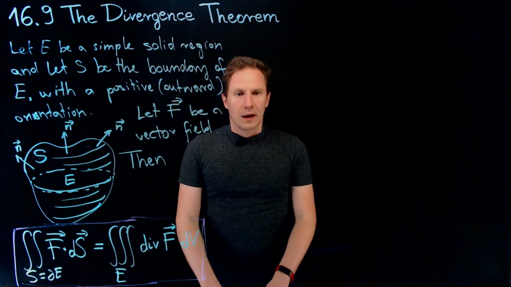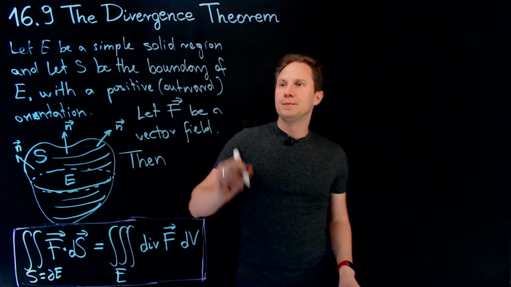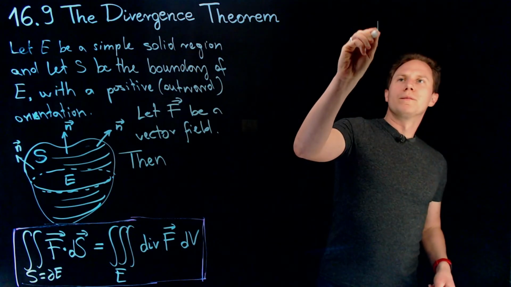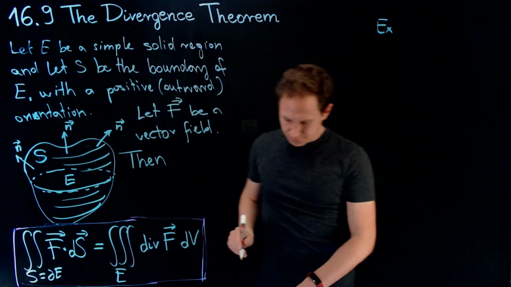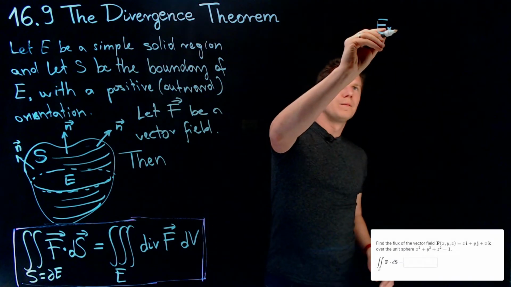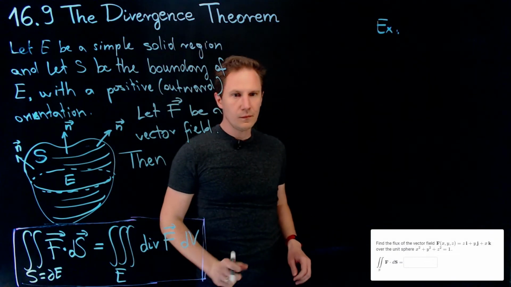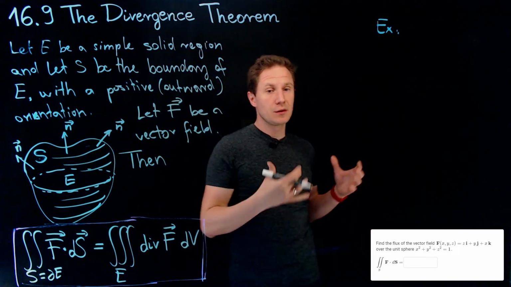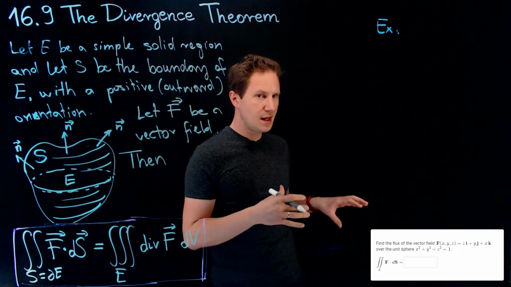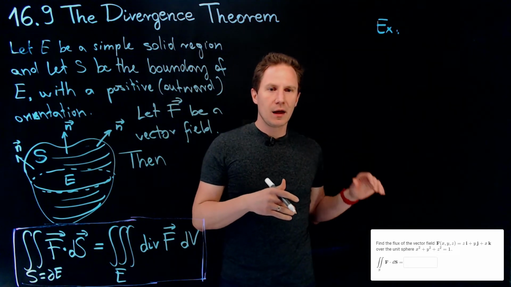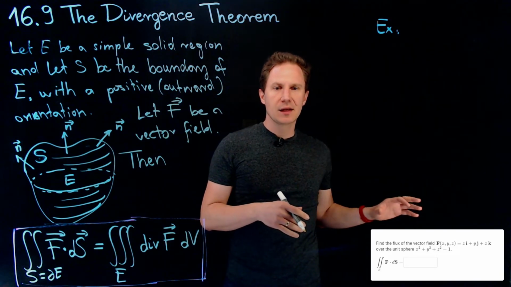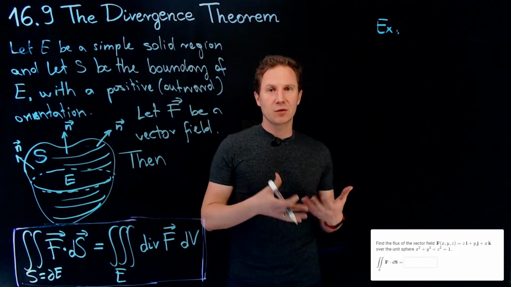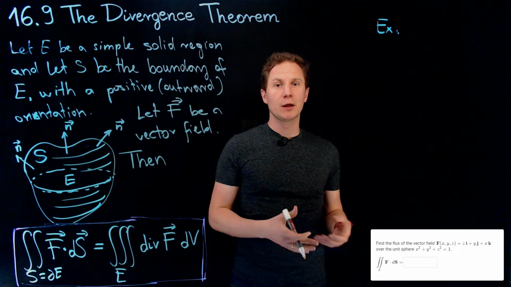Now, let's see an example. So let me show you an example. So let's find the flux of the vector field, the surface integral of the vector field F of x, y, and z with components z, y, and x over the unit sphere given by the equation x squared plus y squared plus z squared equals 1.